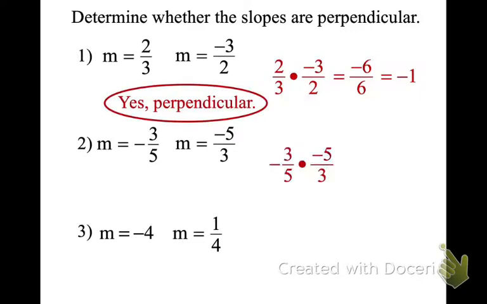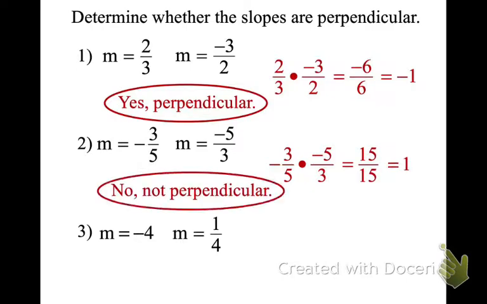That's an easy way to do it too. You can either tell if it's opposite reciprocal or if they multiply. This multiplies to +1. So this is not perpendicular. The next one, -4 times 4. It's the same thing as doing this. So it equals -1. Okay?